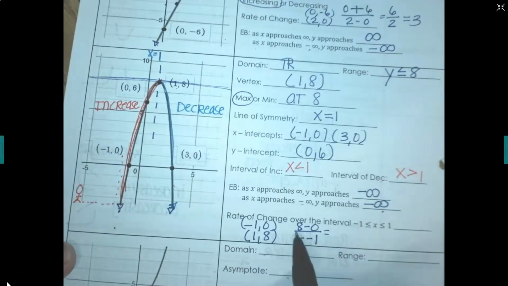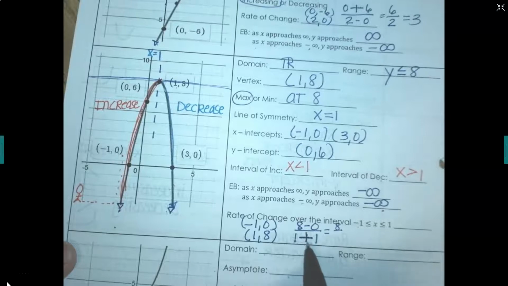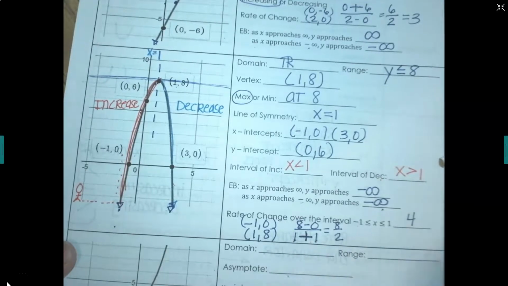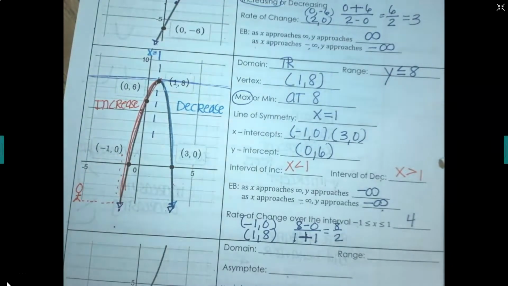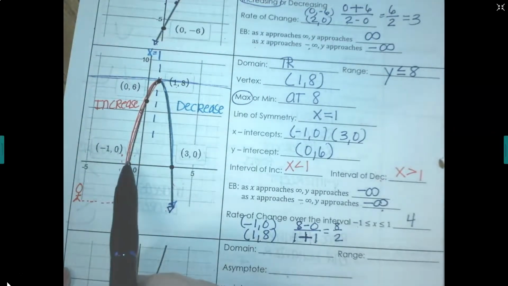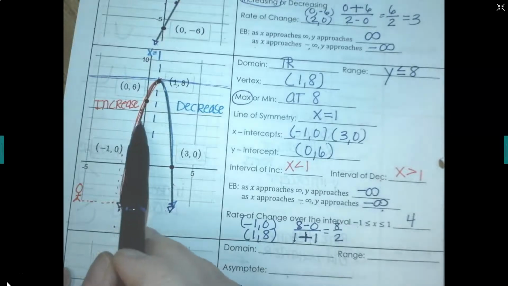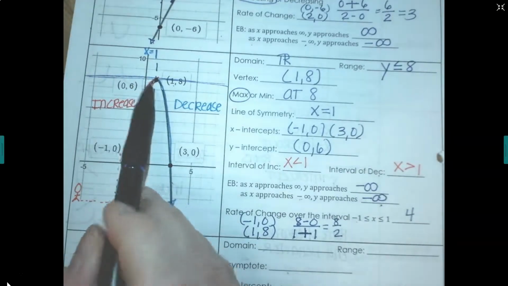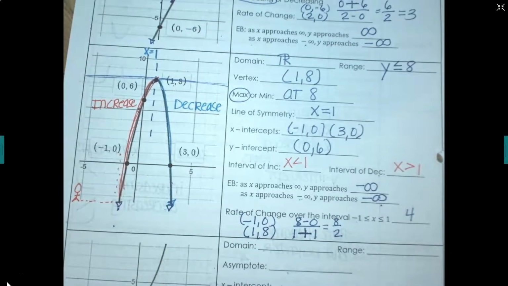When I calculate this out, 8 minus 0 is 8. 1 minus a -1 becomes 1 plus 1, which is 2. So my rate of change is 4. And we could count, if we go up 4, right 1, up 4, right 1, we end up there. It's really the slope of the line that connects those 2 points.